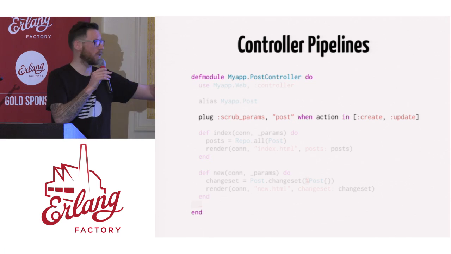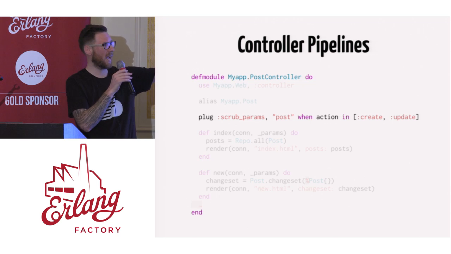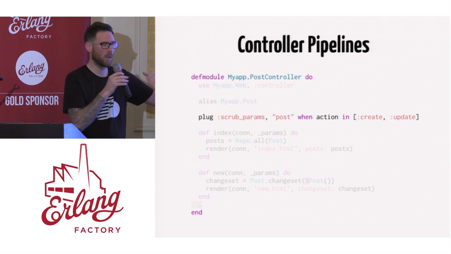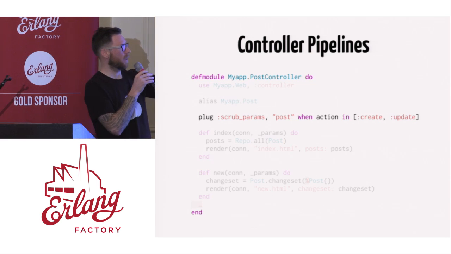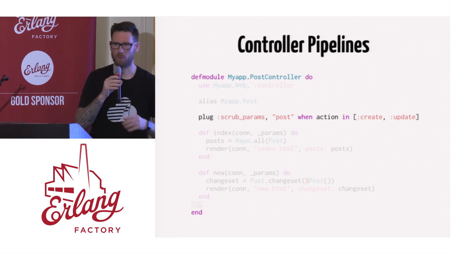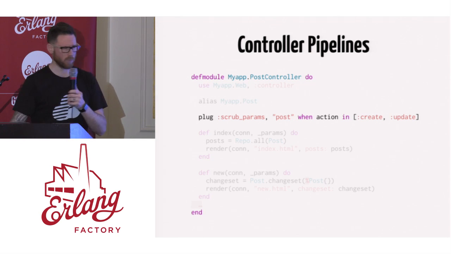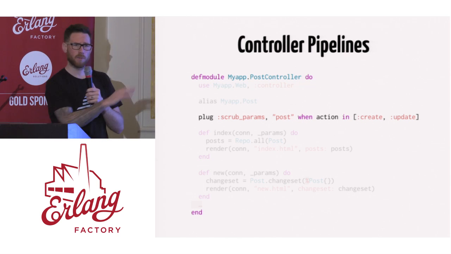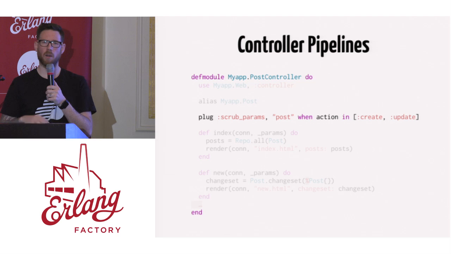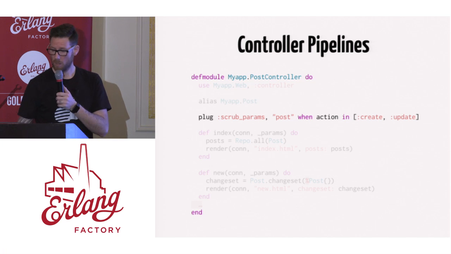So you can say when the action, which is the function name that's going to be called, is in create or update, for instance. This allows you to ensure that functionality is happening on certain actions all the time.